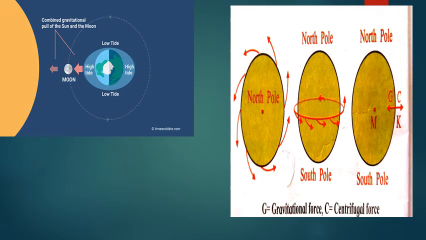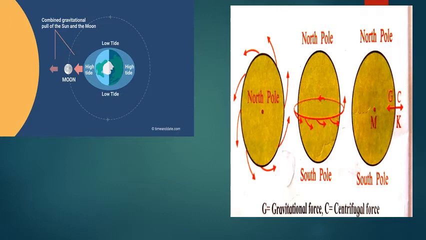Now, I've shown you two pictures here. I just want you to observe these pictures. Now, see in the first picture, in the previous class, I told you about the centrifugal force and the gravitational force, right?